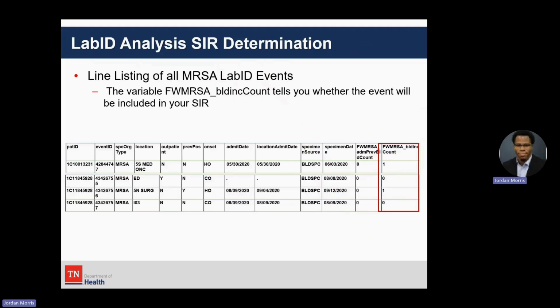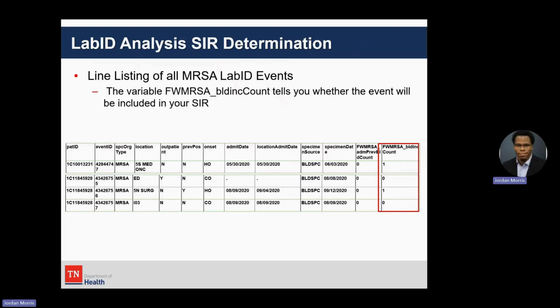And here's an example of what the report looks like. You have important variables like patient ID, org ID, location, admission date, source, specimen collection date, as well as other variables.